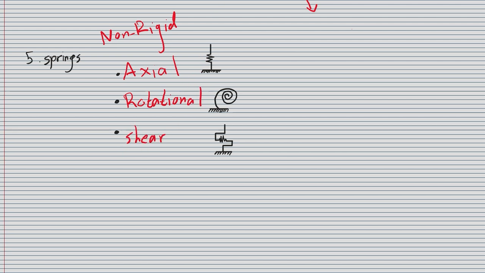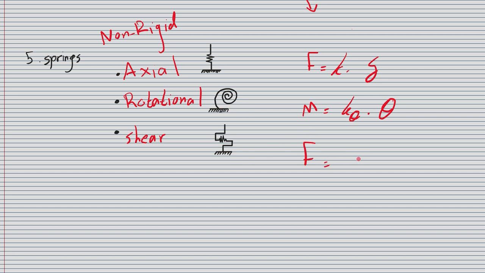In the axial spring, we can calculate the reaction force like this: F equals K times delta, where K is the stiffness of the spring. In the rotational spring we have moment equals K theta times theta, where K theta means the rotational stiffness of the spring.